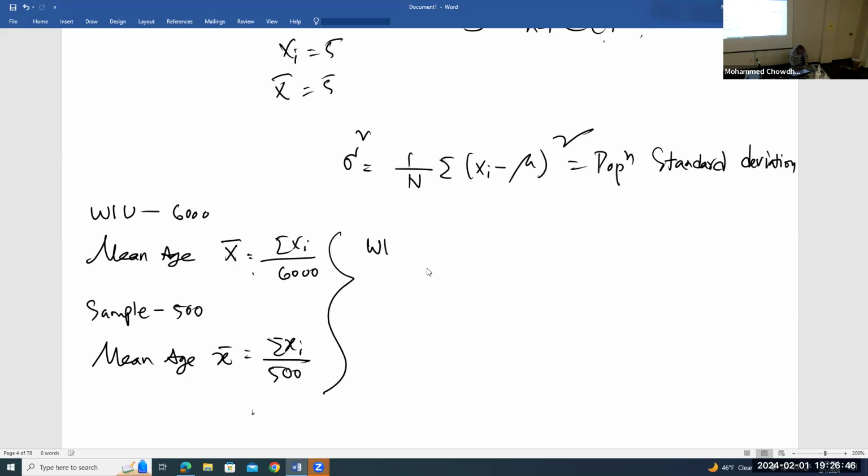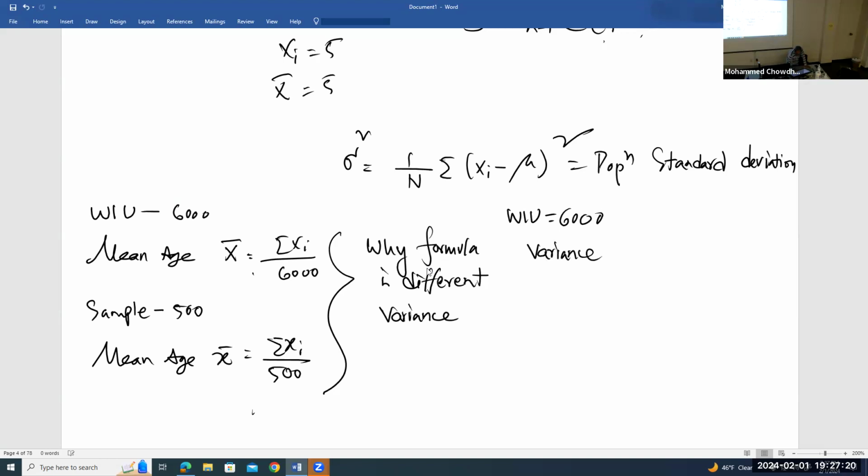So the formula is the same for the mean computation. Why is the formula different for variance, right? Question? No question. Okay. Now, suppose WIU has 6,000 students and I want to compute the variance for these 6,000.